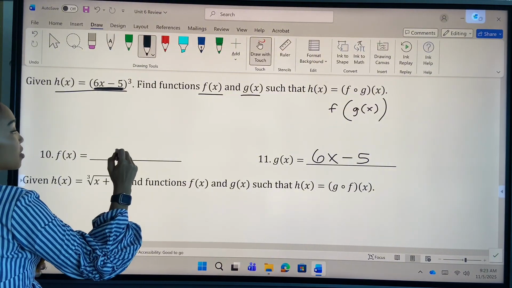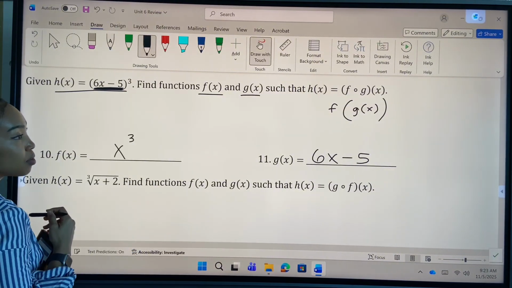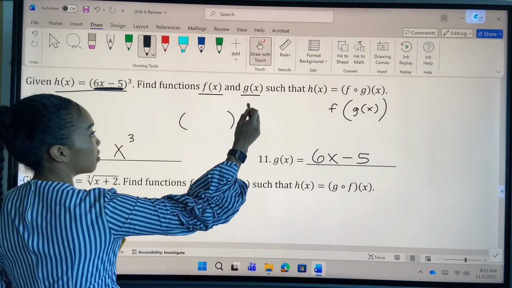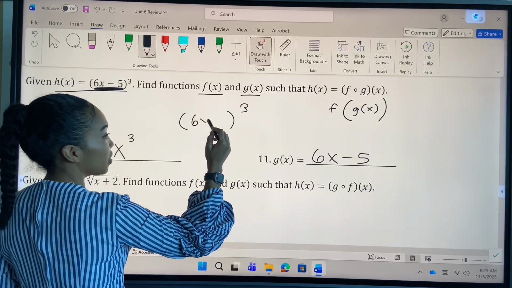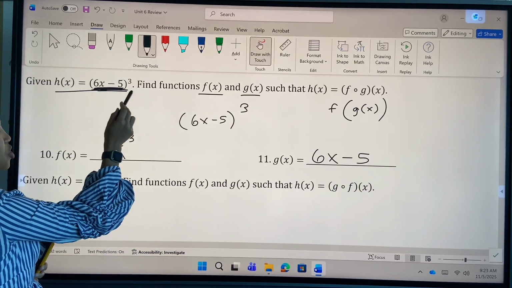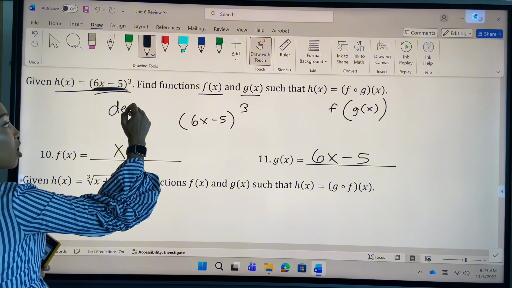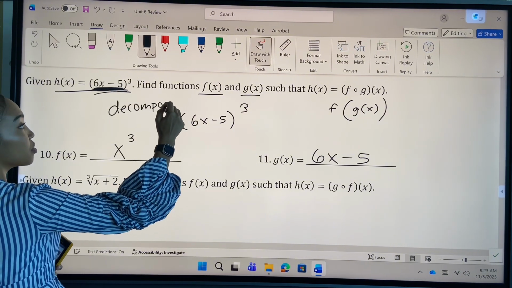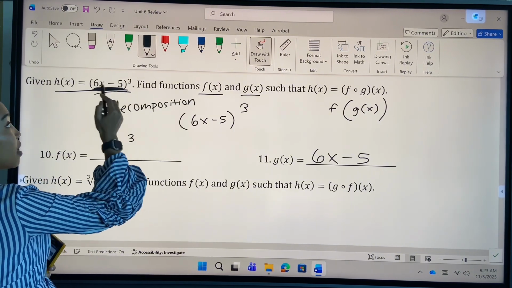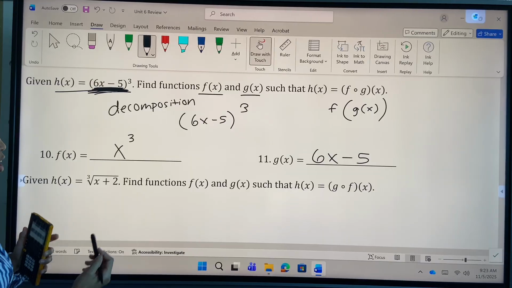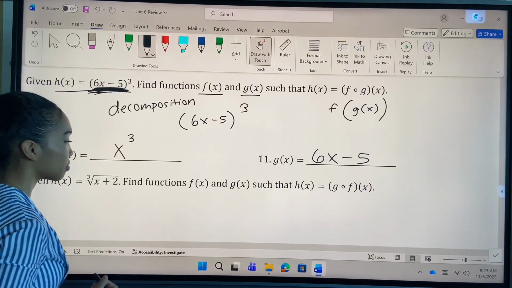And f of x has to be x cubed. Because what you did was, you put g inside of here. And that's what gave you this composition. So this is called a decomposition. We're going backwards. They gave you the composition and we're going back to find what were the original functions.